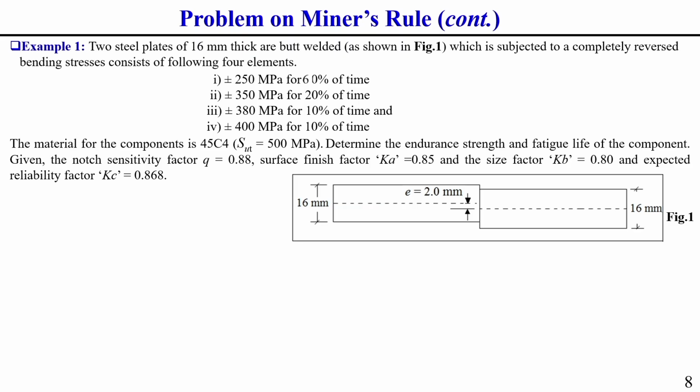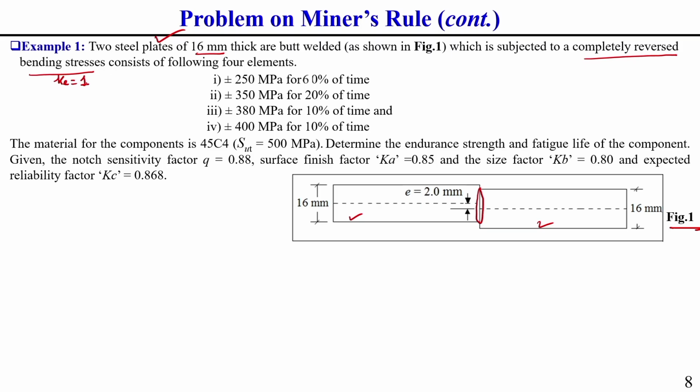The problem statement given is: 2 steel plates of 16 millimeter thickness are butt welded, as you can see in figure number 1, and subjected to completely reverse bending stress. For reverse bending stress in the Marin equation, Ke should be equal to 1.